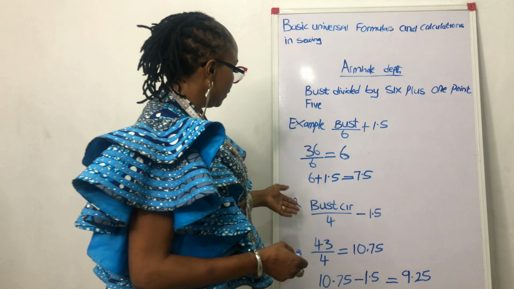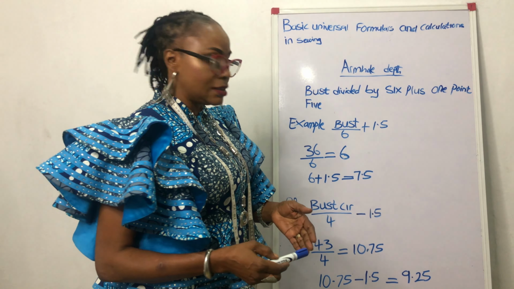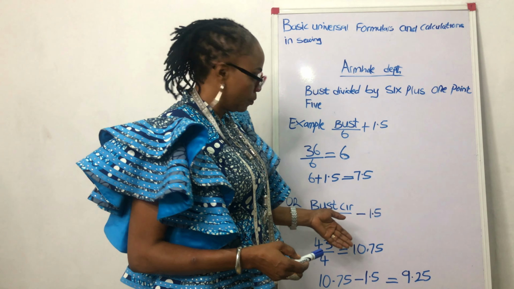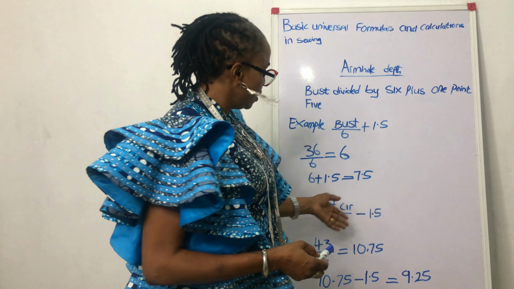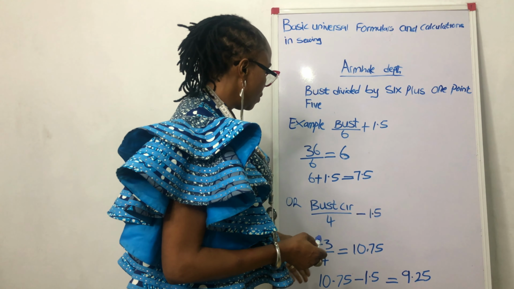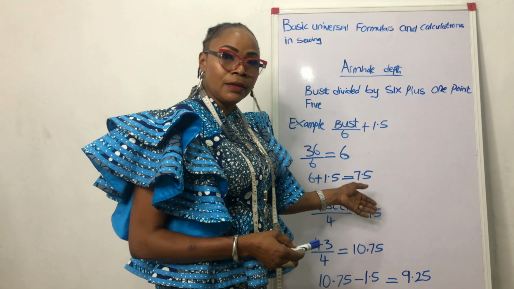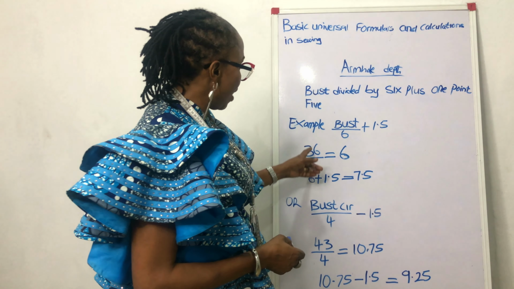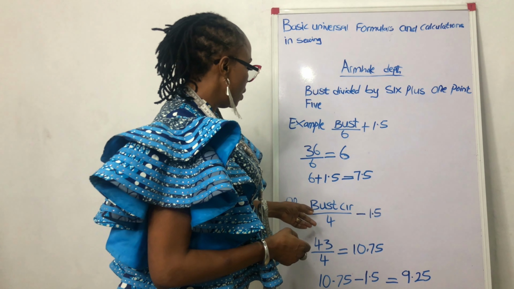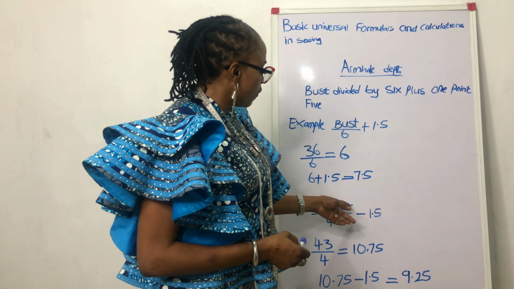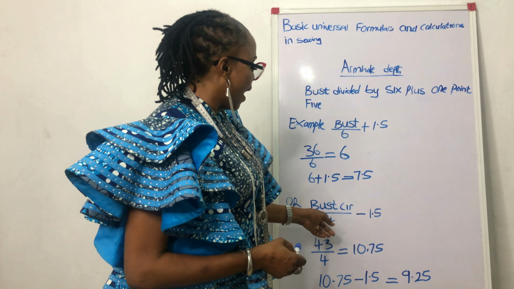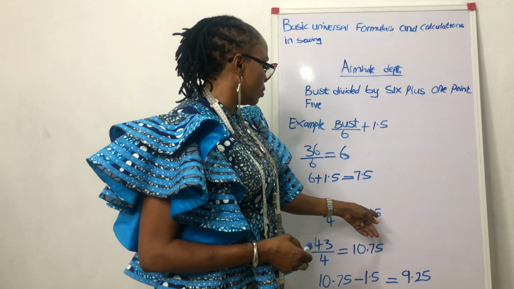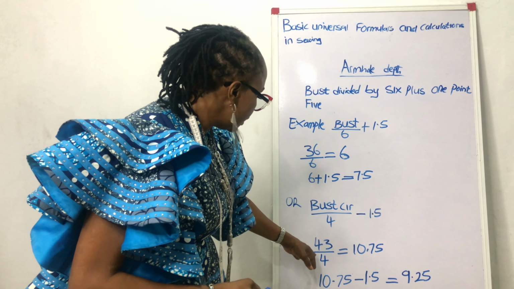Then again, you can equally get it in another way: bust circumference divided by 4 minus 1.5. This one is plus, this one is minus. Here is the example.